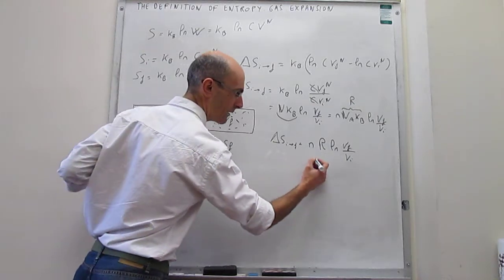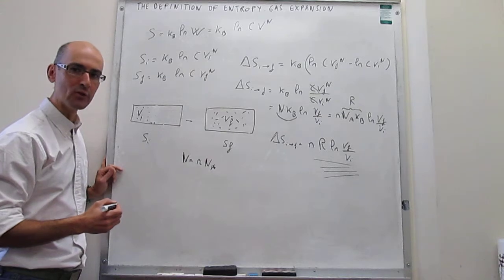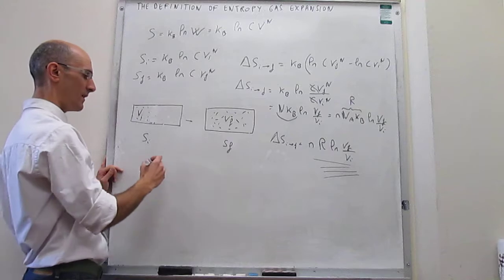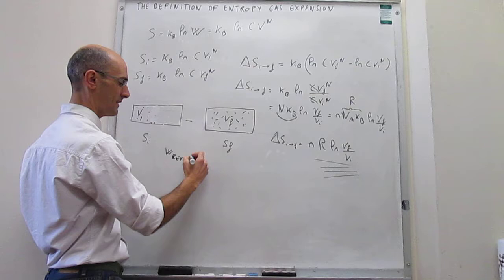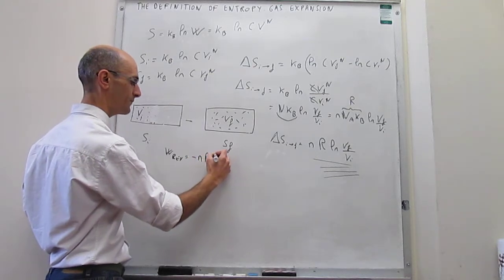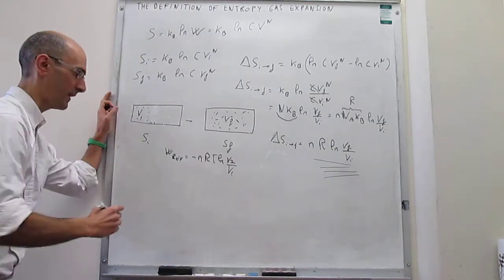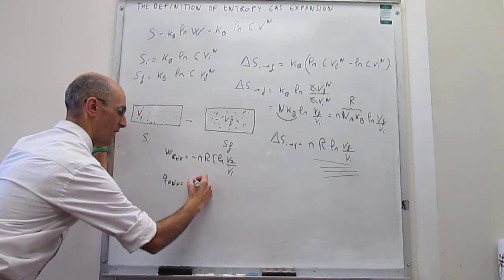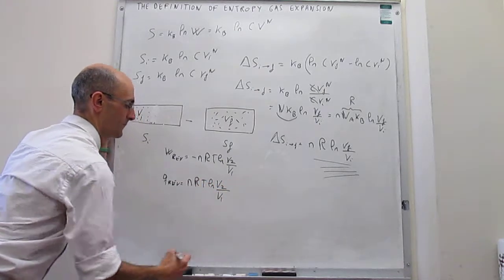If we recall our work on reversible isothermal gas expansions, we calculate the work as minus nRT natural log of V2 over V1. And the heat in that reversible gas expansion was equal to minus the work, so nRT natural log of V2 over V1.